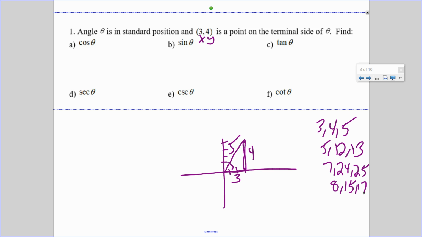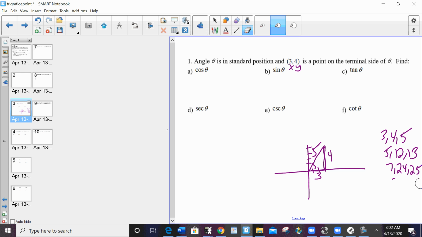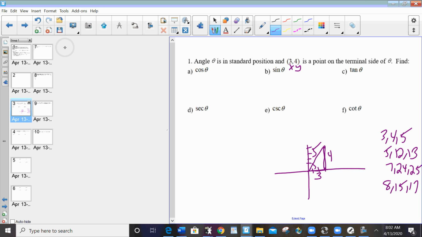Also, any multiple of each of these is a Pythagorean triple. If you don't know your Pythagorean triples, you don't need to know them. You can just use the Pythagorean theorem. Knowing them is just going to make your life faster and easier. So I know mine, so I'm going to utilize that.